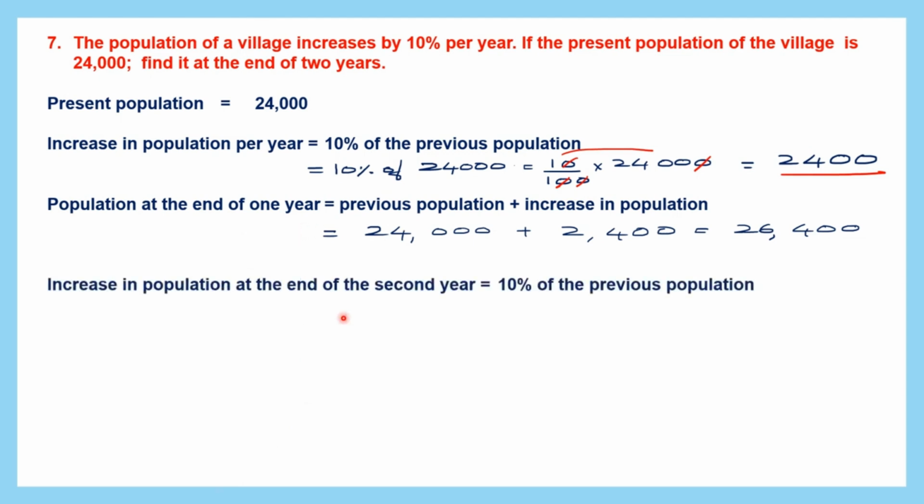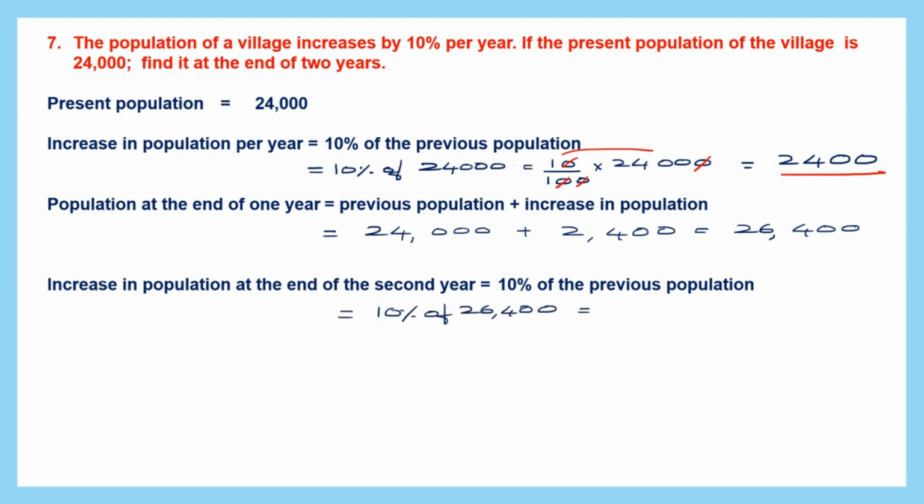Now, the increase in population at the end of the second year is 10% of the previous population, just like this. 10% of the previous population. So this will be 10% of 26,400.